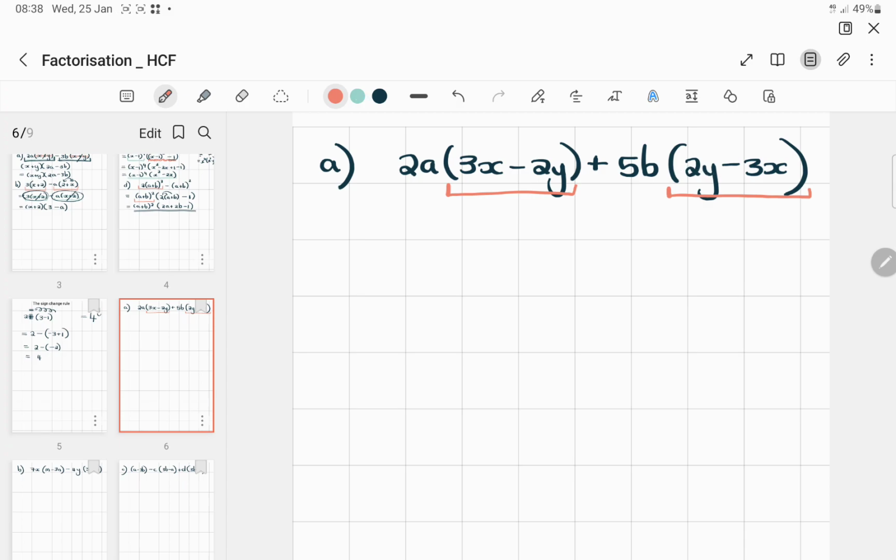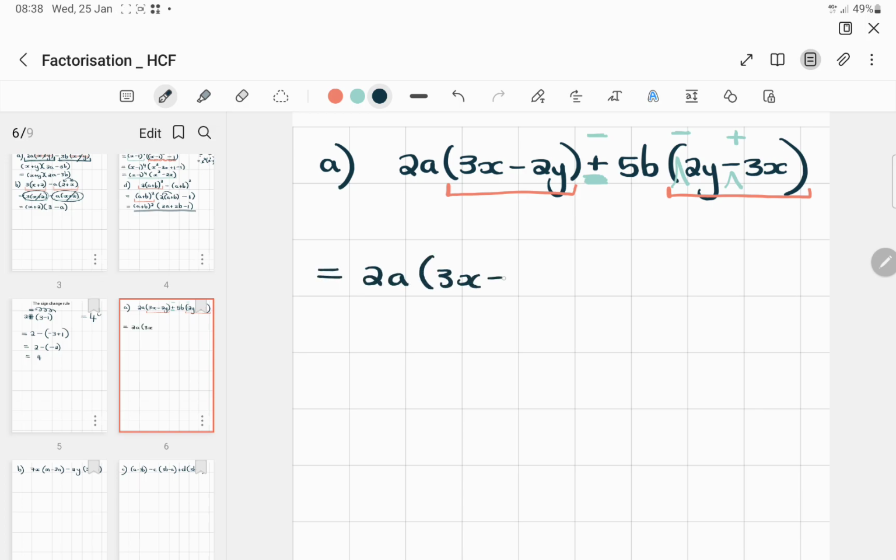So I'm going to implement my sign change. I'm going to change that positive into a negative. When I do that, this 2y is also going to have to become from a positive to a negative, and this negative 3x must become a positive 3x. Okay, so let's do all of that.